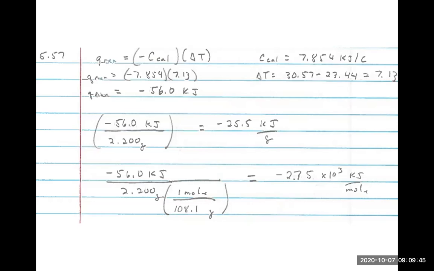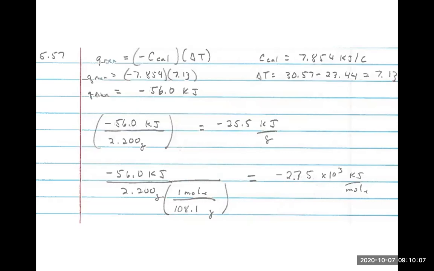It's that 30.57 minus 23.44. So we take the calorimeter constant that we were given, change the sign, because that's part of the formula, and then have our temperature difference. And we get a value of 560 kilojoules.